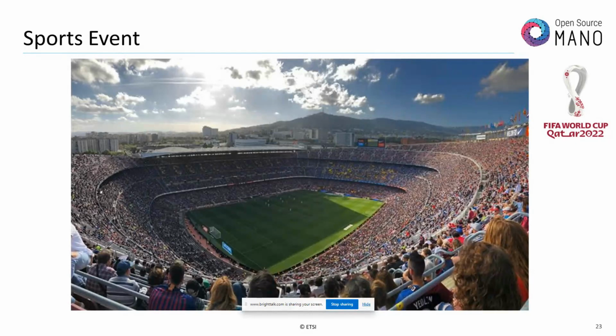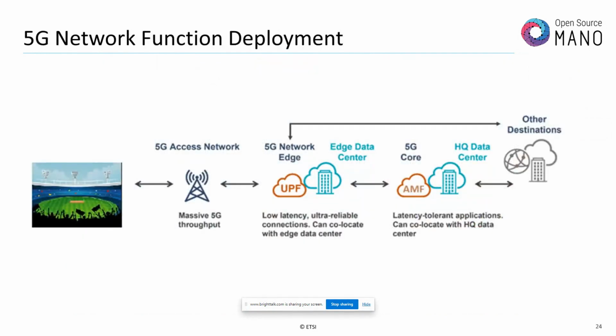And we need a network that can both handle the large traffic for viewership as well as this in-stadium crowd demands. And that's where our operator comes in. We're going to walk through this using a hypothetical operator and see how open source MANO helps to solve the problem to give the right experience for a global event like FIFA.